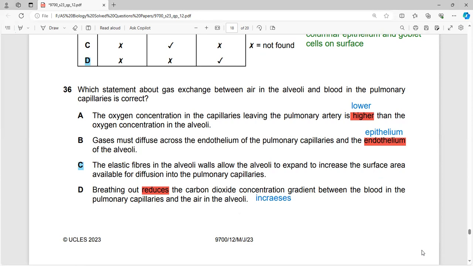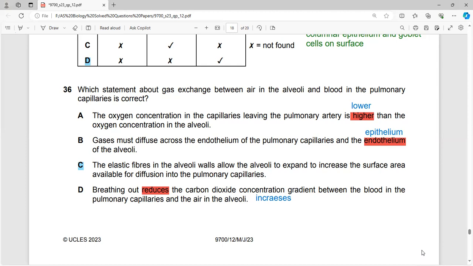The word higher is wrong, because the pulmonary capillaries get blood from the pulmonary artery, which comes from the right ventricle of the heart. So it contains deoxygenated blood, which has a low concentration of oxygen. That's why this option is wrong.